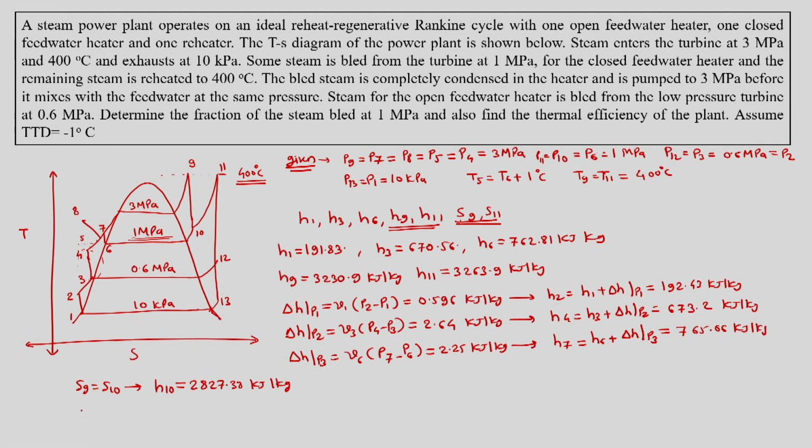Similarly, we can keep a track of S11 is equal to S12 and then mention H12, which will be 3117.06 kilojoule per kg. Similarly, we have S13 is equal to S12. This also gives us H13, and that is 2366.24 kilojoule per kg.